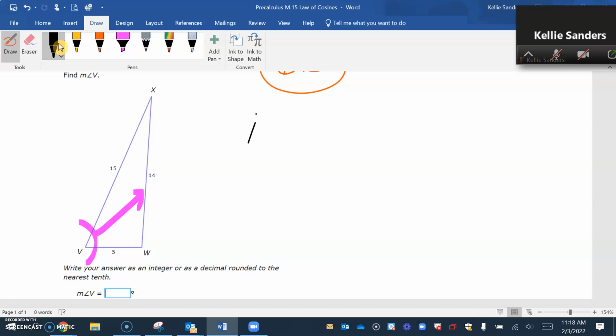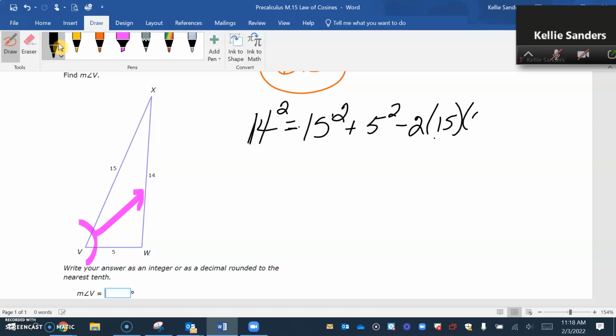This time they gave us all three sides, but the side that's going to be by itself is the side that's opposite the angle that we're looking for, equals one of the sides squared plus the other side squared minus 2 times the two sides that they give us, cosine, and then this time they don't give us the angle.